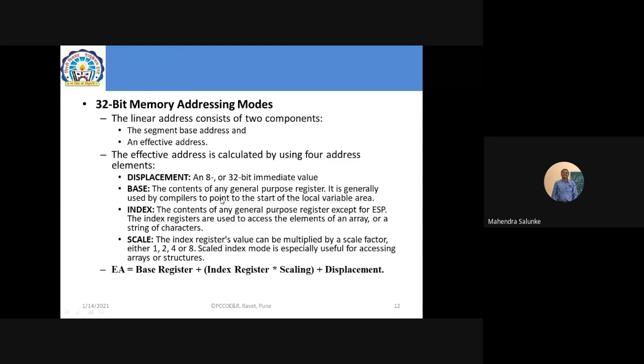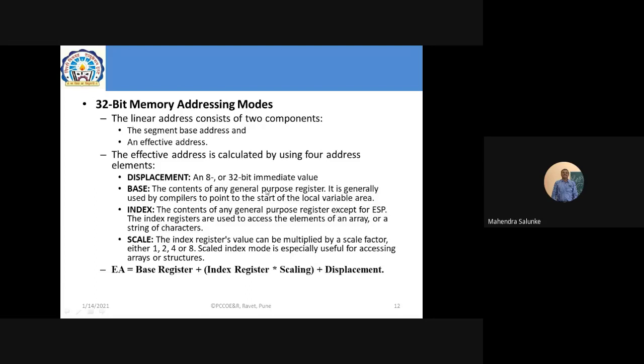An 8-bit, 16-bit or 32-bit immediate value can be used as a displacement. Here 16-bit is written, which is a typographical error. So as a displacement, we can use either an 8-bit, 16-bit or 32-bit immediate value. It is a component of calculating the effective address.